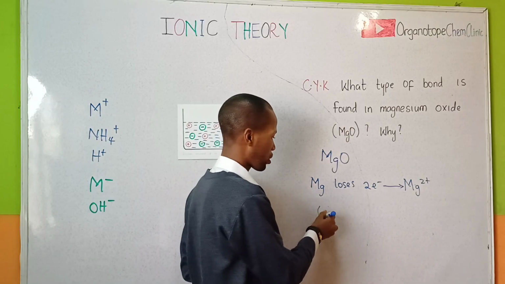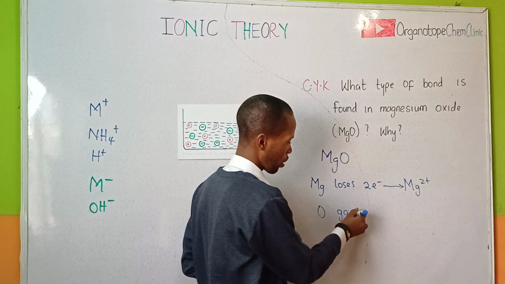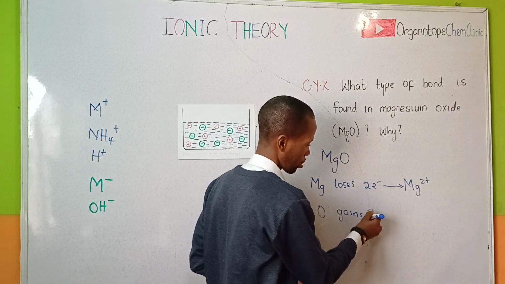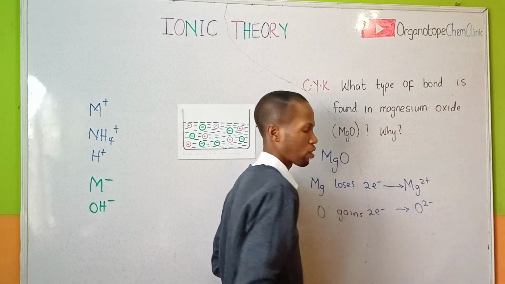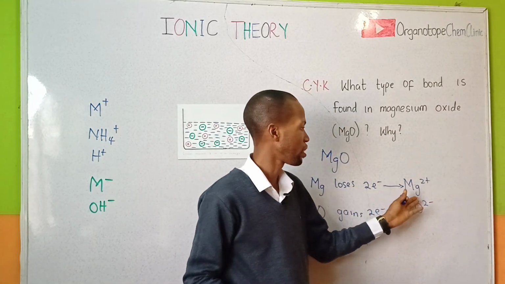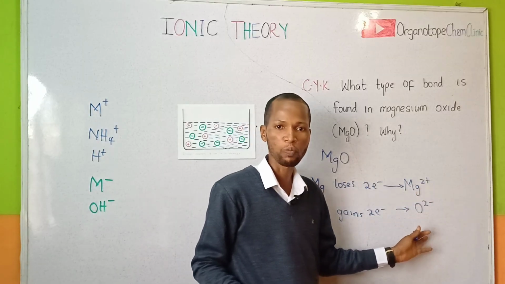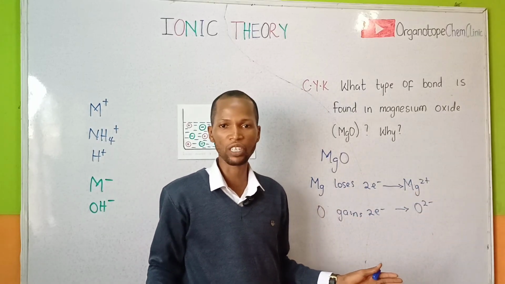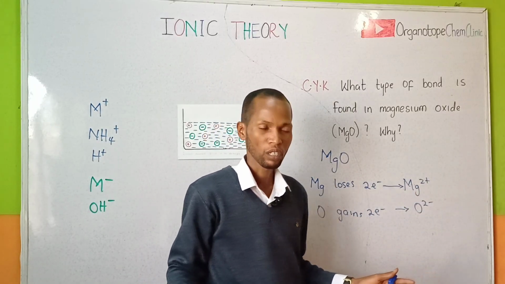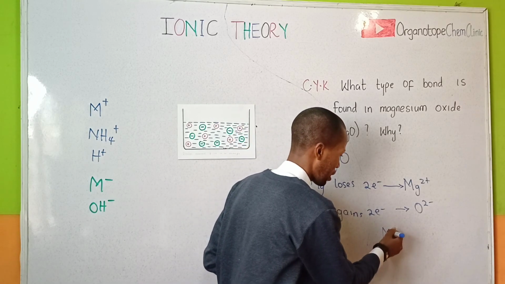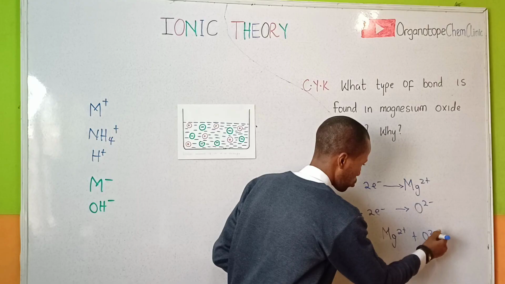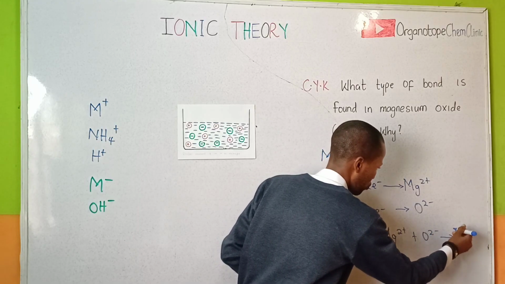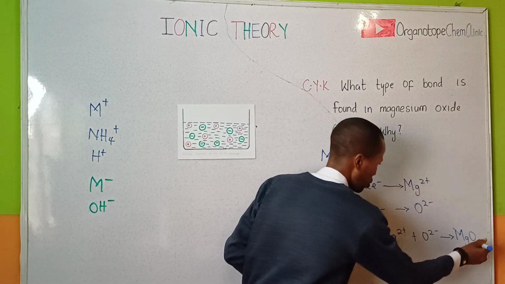And the oxygen atom gains 2 electrons to give O2-. Now the interaction between Mg2+ and the O2- results in the formation of the ionic bond. So we can equally have it as Mg2+ plus O2-, which results into formation of MgO.